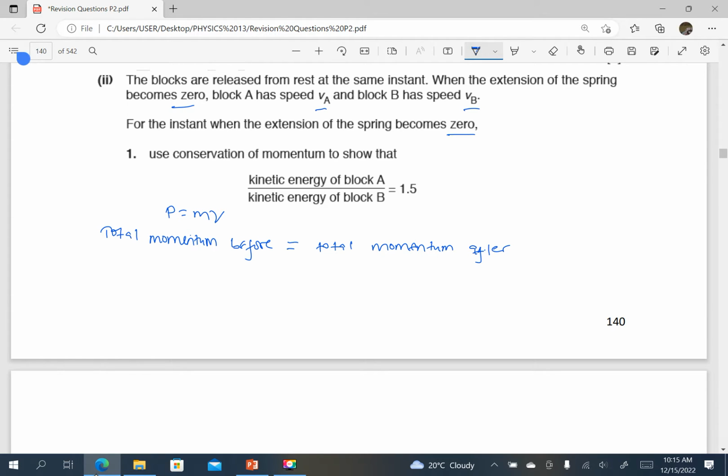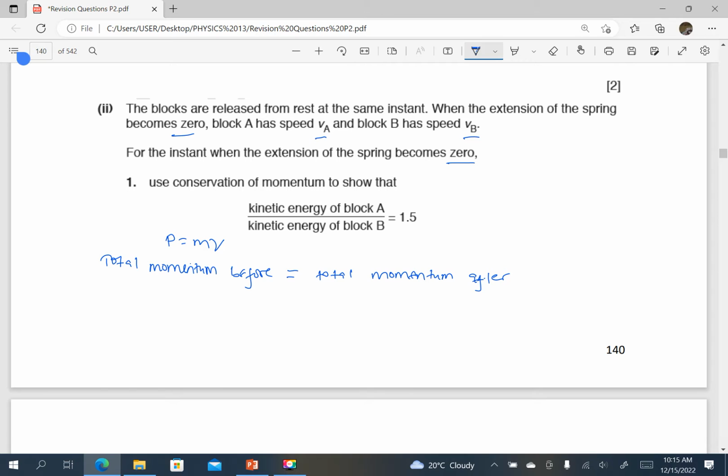So what is the total momentum before? The blocks are released from rest. That means total momentum before was 0.